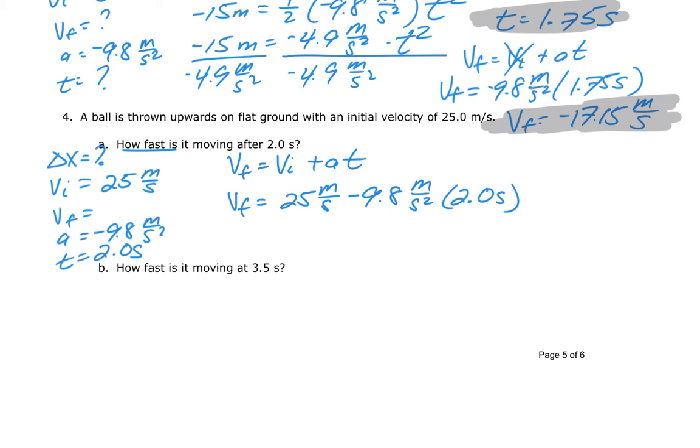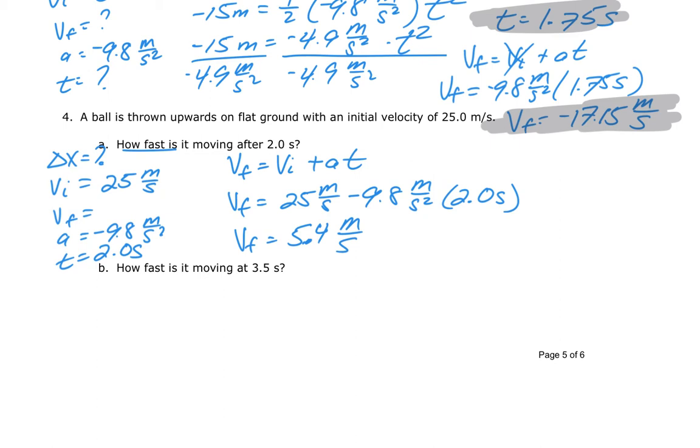I can plug that into my calculator, and I can find that the final velocity at 2 seconds is 5.4 meters per second. Notice that that's a positive number. So I know that at 2 seconds, the ball is still going up. That's what that tells me. If the final velocity is positive, I know the ball is still going up.